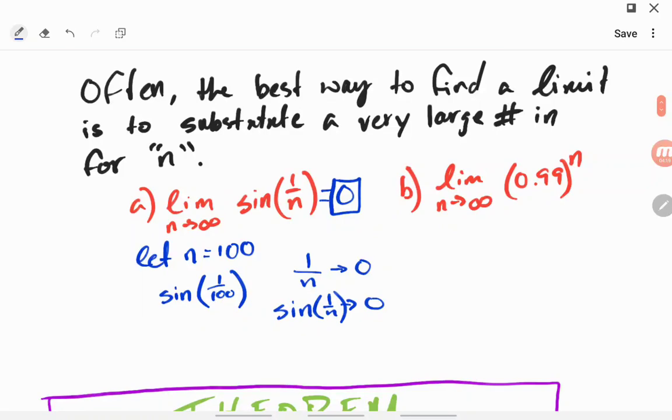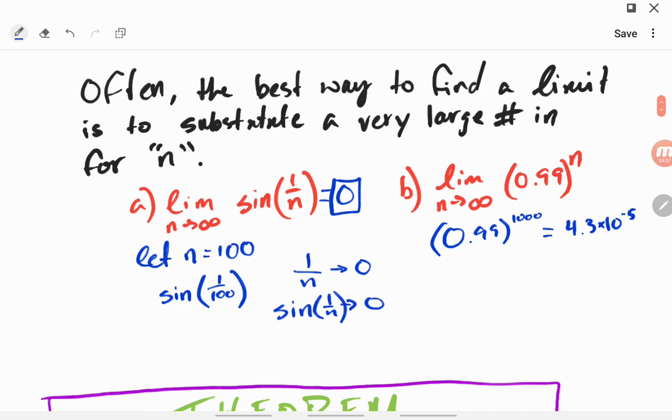Well, let's look at b over here. I've got the limit as n approaches infinity of 0.99 raised to the nth power. Well, let's just pick a big number and plug it in for n, and let's see what happens. Let's say I had 0.99 raised to the 1,000th power. What does that equal? Well, it's something like 4.3 times 10 to the -5th. That's a tiny number.